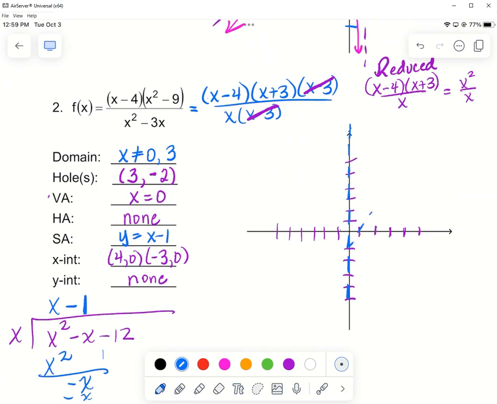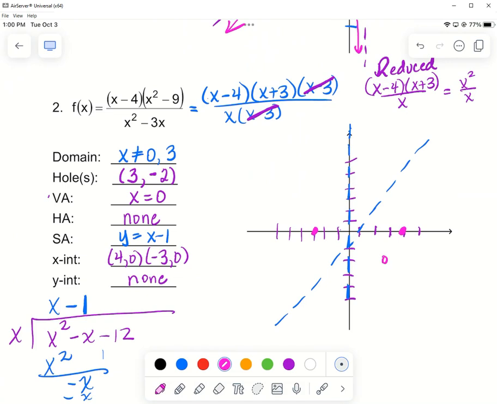So that's going to look like something like this. I am going to have points at negative 1, 2, 3, and 1, 2, 3, 4. I don't have a y-intercept, but I do have a hole at 3, negative 2. So I have an open circle like this, and then I draw.